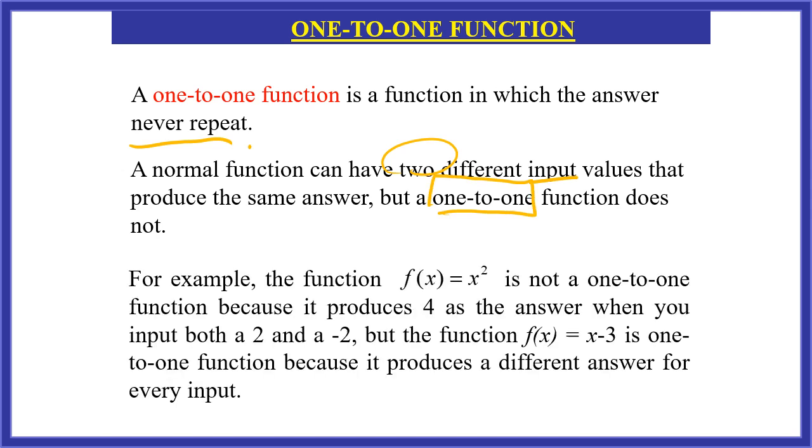For example, the function f(x) equal to x squared is not a 1-to-1 function because it produces 4 as the answer when you input both 2 and negative 2. But the function f(x) equal to x minus 3 is a 1-to-1 function because it produces a different answer for every input.